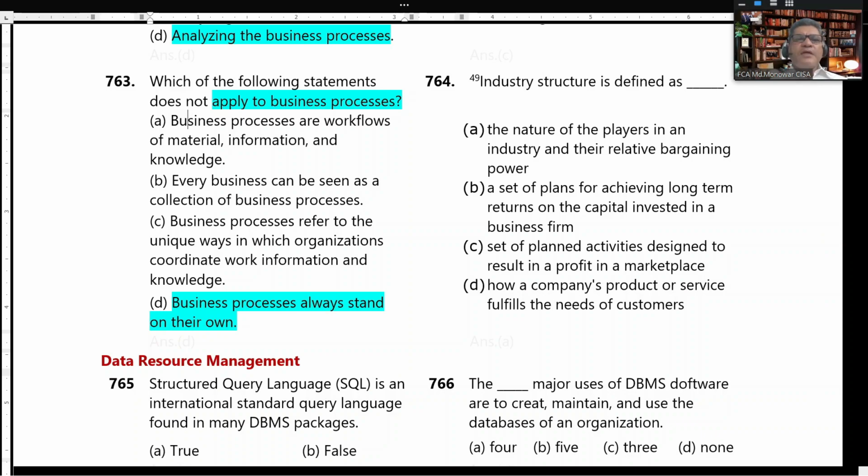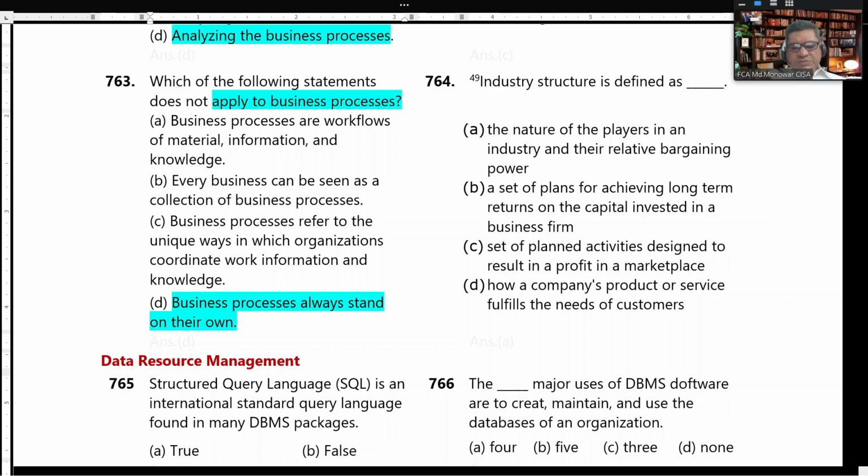Is true. Every business can be seen as a collection of business process. Okay, business process refers to the unique ways in which organization coordinate work, information and knowledge. It is true. But D, business process always stand on their own.